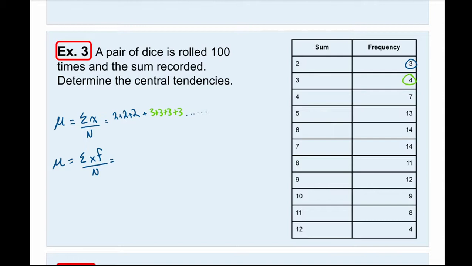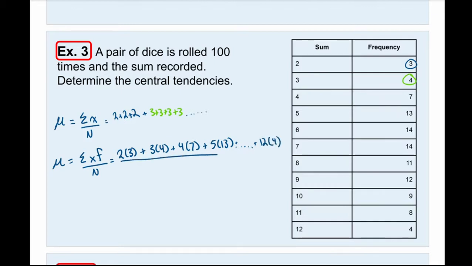So here I would do 2 times 3 plus 3 times 4 plus 4 times 7 plus 5 times 13, and so on, all the way down to 12 times 4.